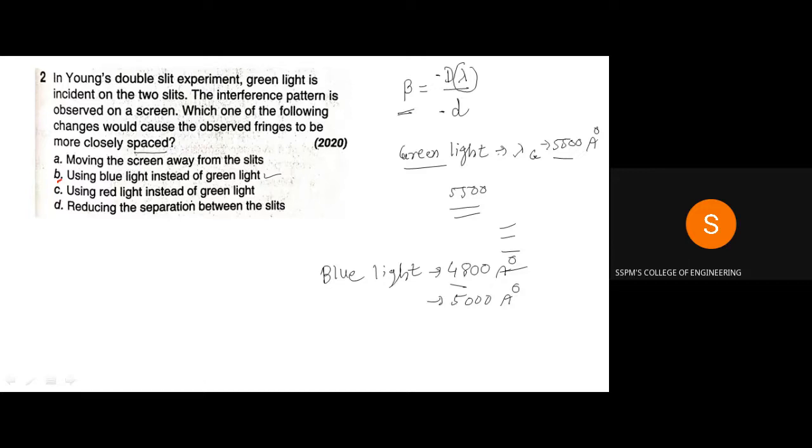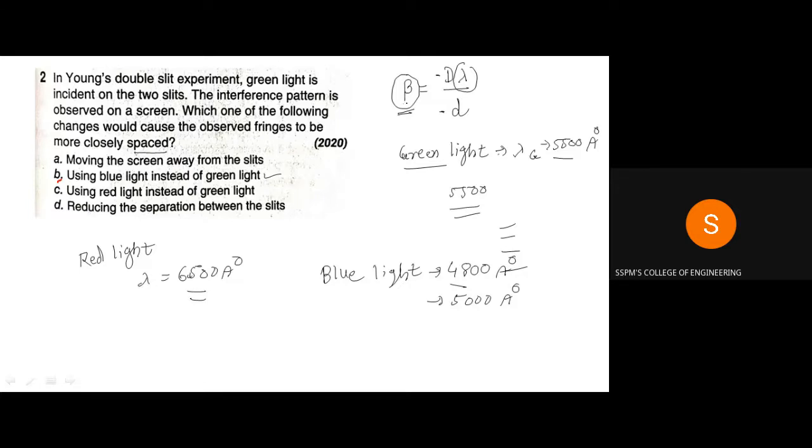Using red light instead of green light. आता रेड लाईटची वेव्हलेंथ, जर आपण रेड लाईट वापरला तर काय होतं? रेड लाईटची वेव्हलेंथ ही अप्रॉक्सिमेटली 6500 Armstrong unit, which is far much greater as compared to green light. म्हणजे जर वेव्हलेंथ इन्क्रीज केली तर ऑब्विसली बीटाच्या व्हॅल्यूवरती त्याचा इफेक्ट हा डिस्टन्स इन्क्रीज करण्यासाठी होणार. आपल्याला डिक्रीज करायचं आहे डिस्टन्स इन बिटवीन टू सक्सेसिव्ह फ्रिंजेस.